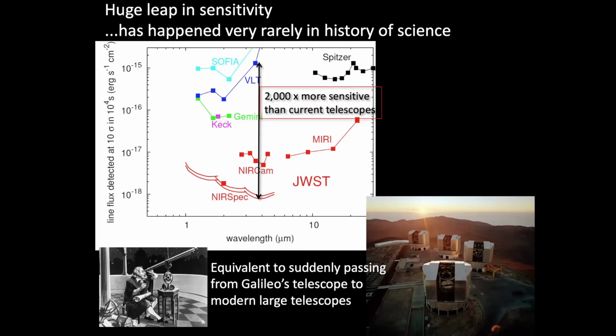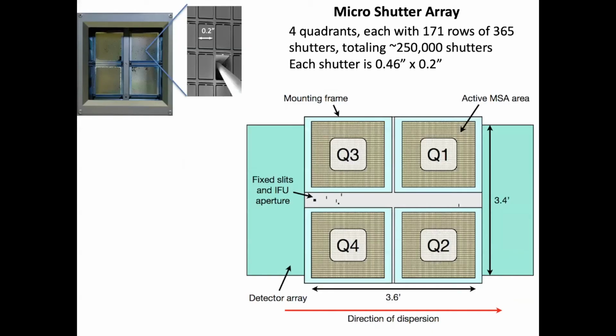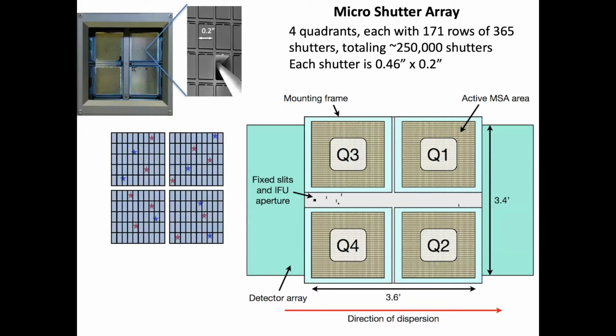So the multi-object spectroscopy with NIRSpec is enabled, as you may know, by an array of a few hundred thousand microshutters, and you open them on the targets of interest, and that's how you get multiple spectroscopy.